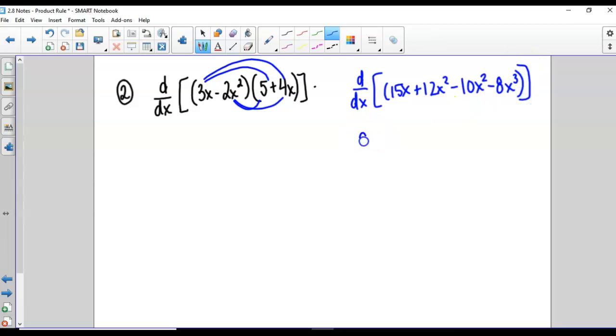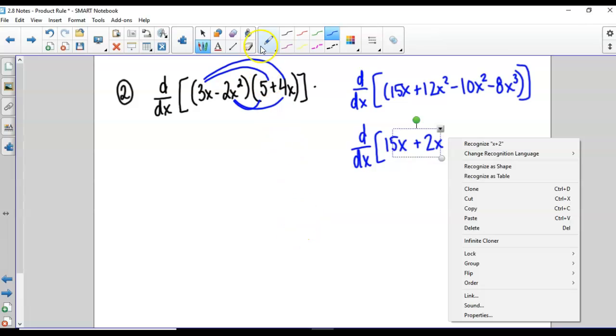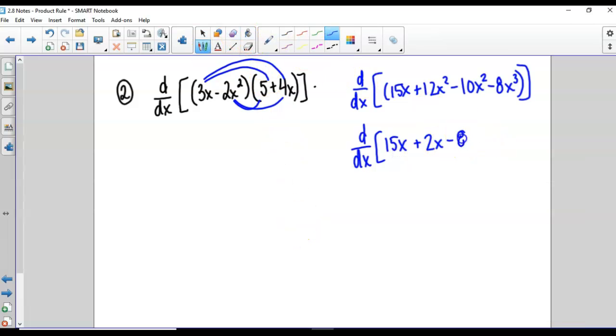And then, of course, we could combine the 2x squared, so we have 15x plus 2x squared minus 8x to the third. And when we take the derivative here, we would get 15 plus 4x minus 24x squared.